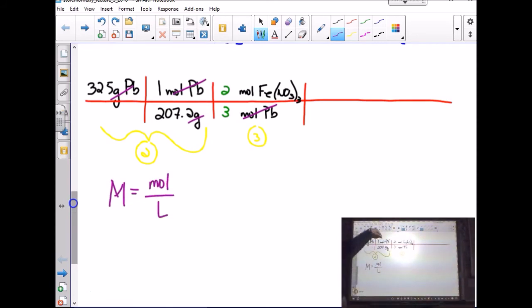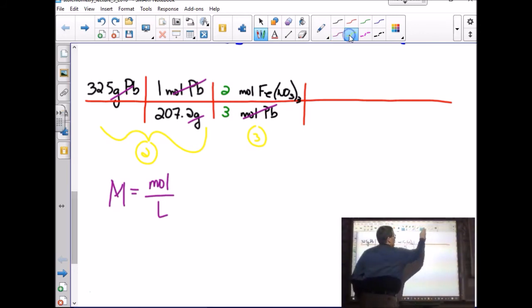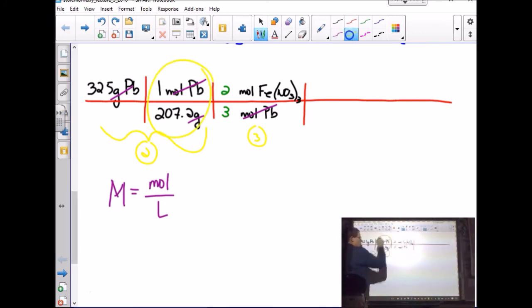Also, keep in mind that I have 1 mole of lead, which equals 207.2 grams. I can go the other way and say that if I had 207.2 grams of lead, I have 1 mole. So these things are equivalent to each other, always, whenever we do these conversions.